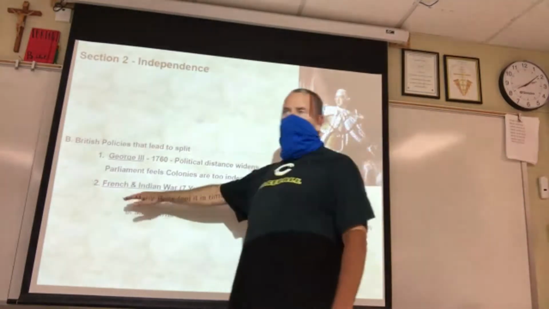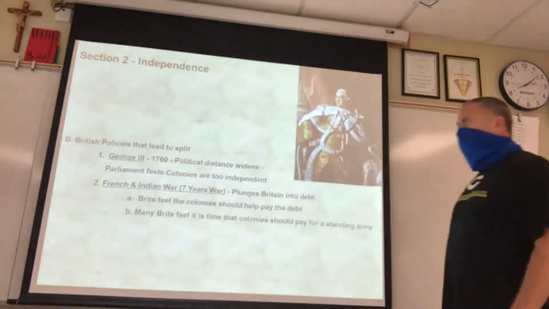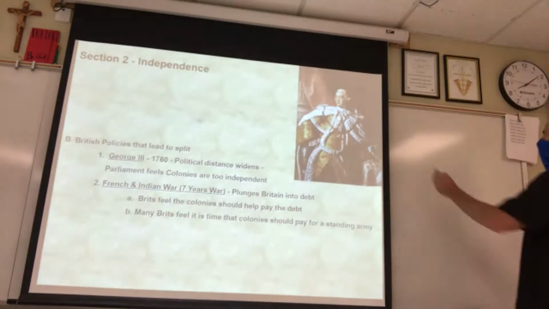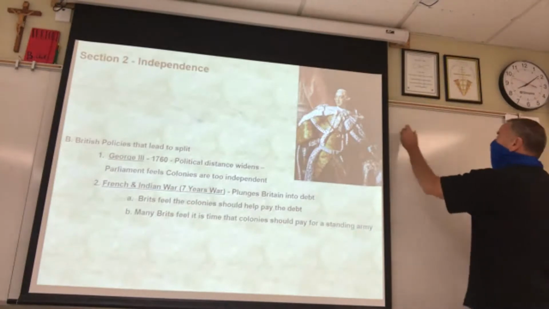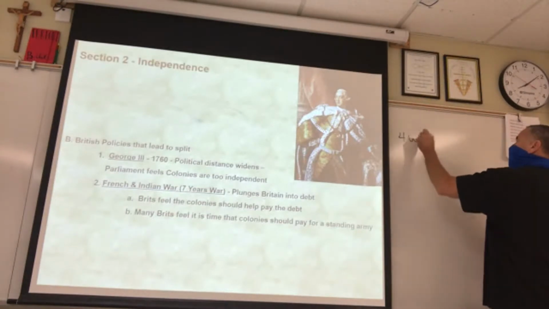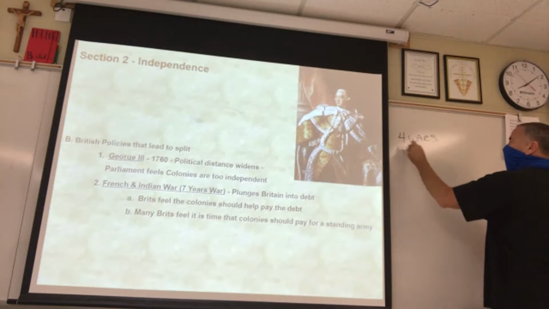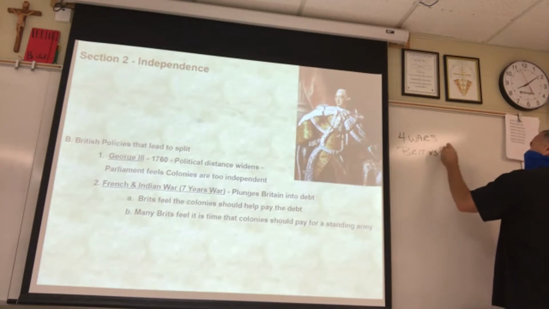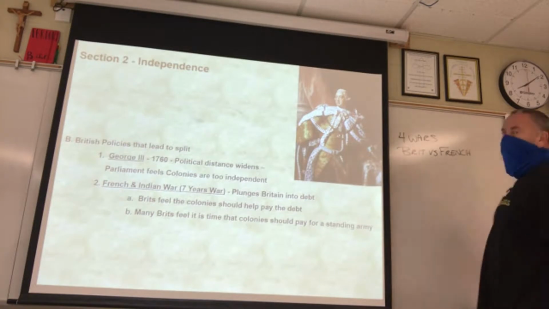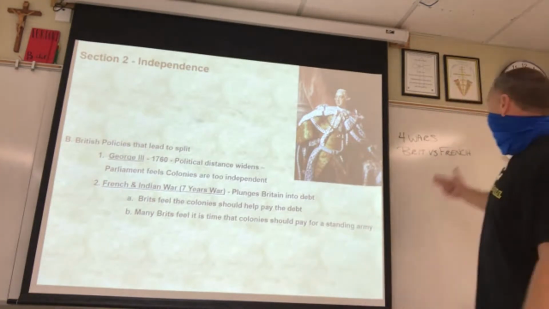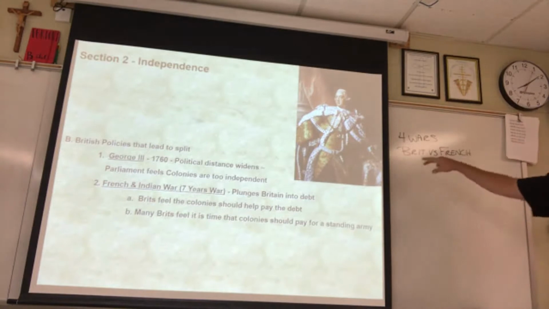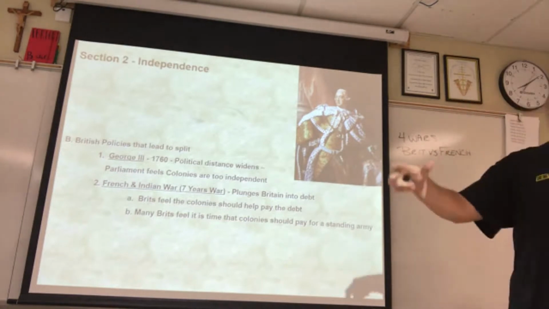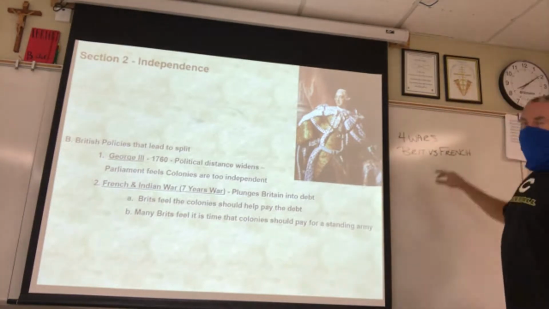Now, there's a war here called the French and Indian War. There were actually 4 wars between the British and the French. One of the major differences between these two countries is that the Brits are Protestant and the French are Catholic.